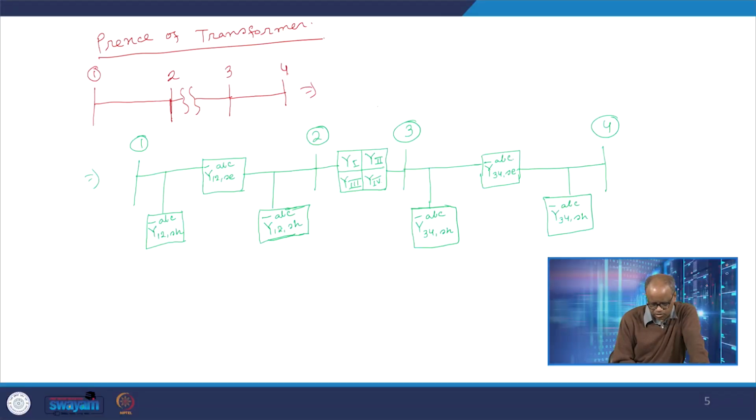So please note all these are 3 cross 3 matrices, but this one is a 6 cross 6 matrix.